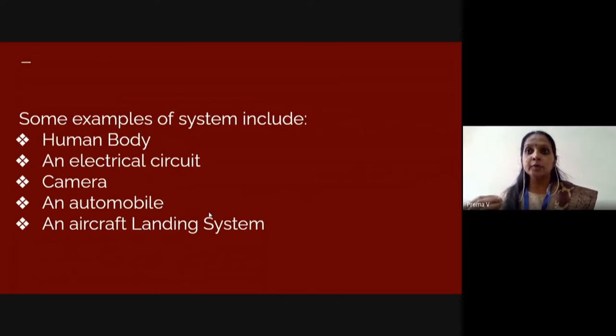The input to the system is the sound signal to take the pen. This input signal is converted into an electrical signal and it goes to the brain, and the brain processes the signal and sends a signal to our hand, basically through the nerves, to take that pen. So automatically our hand lifts and takes the pen. So this is one example of a system.